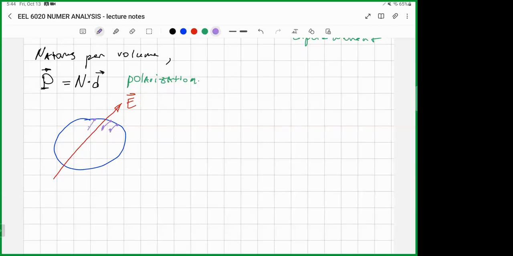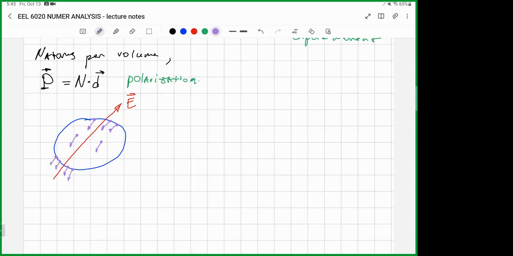So this one will tend to go this way, these two will go this way. And so some electrons of some atoms on the boundary of this unit volume will go in, but some others on the opposite boundary will go out.